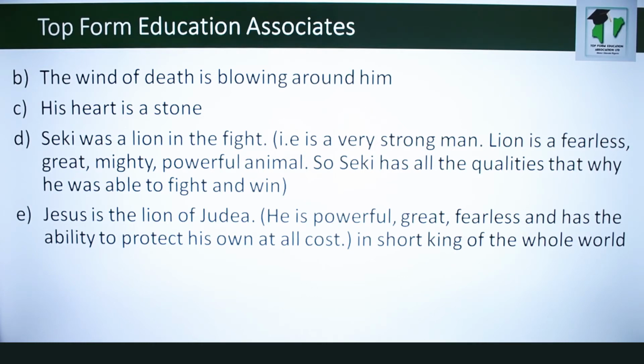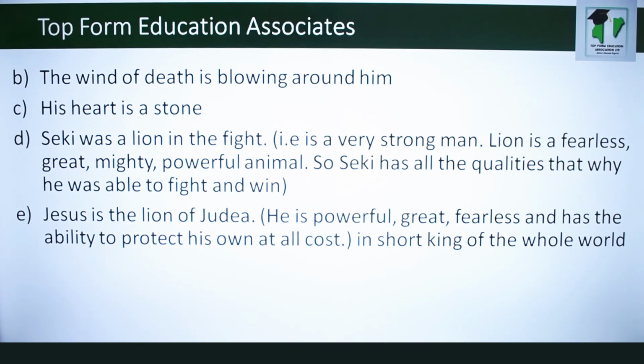We are not interested in actually explaining the meaning of that expression, but telling you what they equate, the indirect way they are referring to whatever expression is involved. Expression C, his heart is a stone. When you look at it, the heart is a human heart, but they are telling us here that it is equated to a stone, which is giving us a deeper meaning from just the literal expression we are seeing before us.